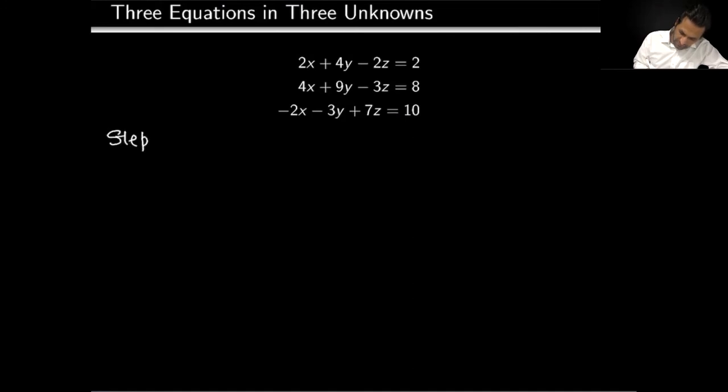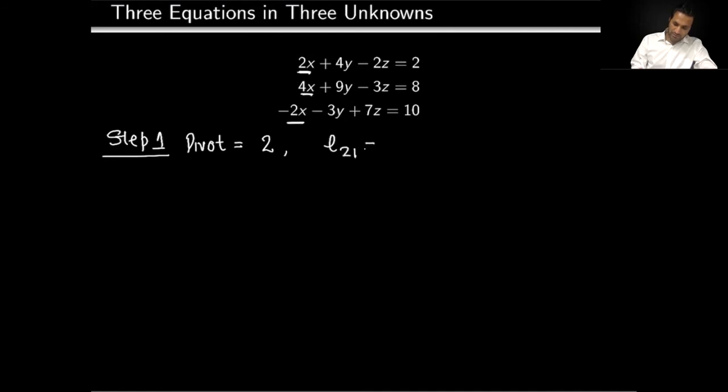to solve this system is to find the first pivot. The first pivot is the first non-zero entry in the first row, the first equation, which is a 2. Because we would like to eliminate 4x and minus 2x, we will calculate the multiplier 2,1 and also the multiplier 3,1.